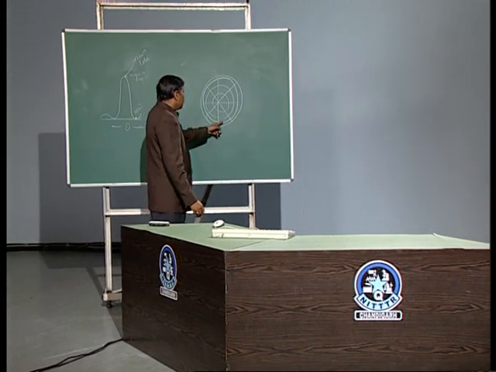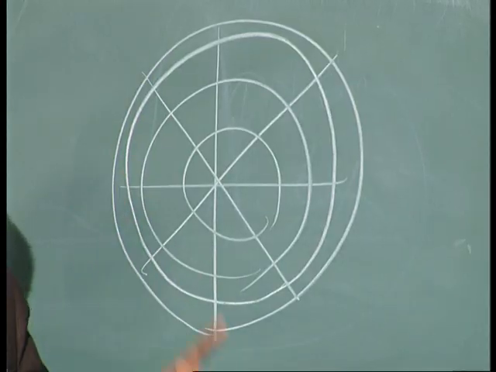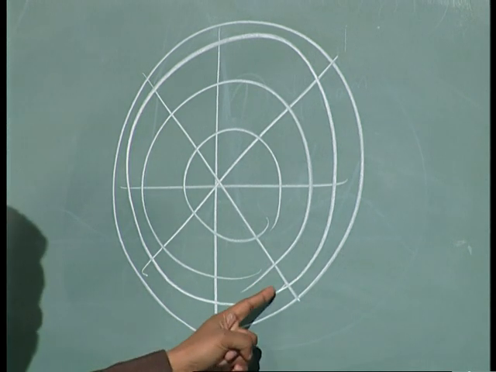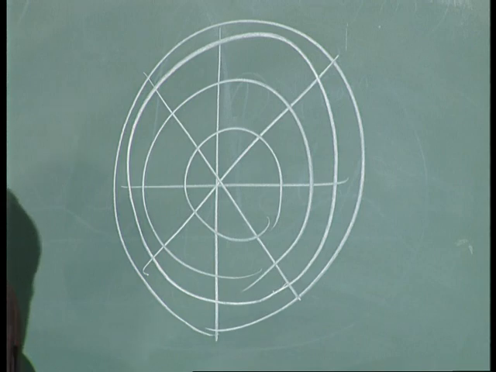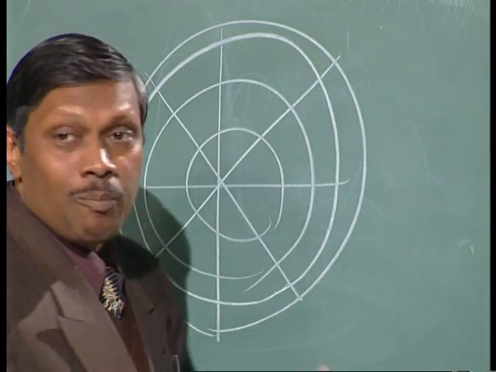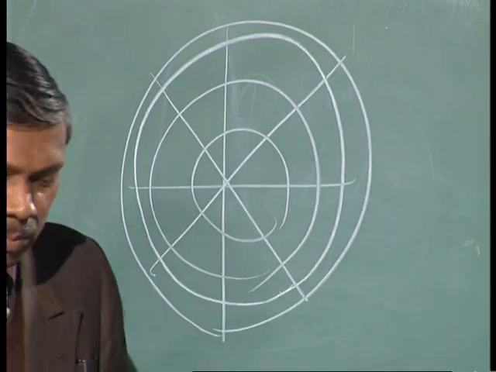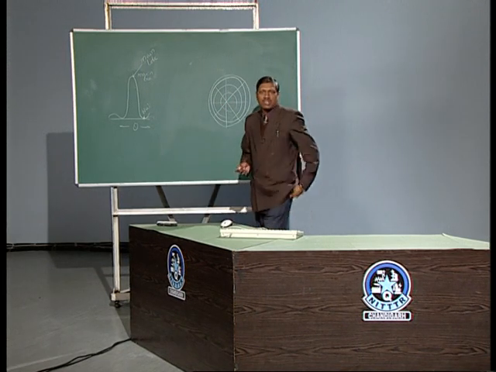So, this is a situation where there is no side lobe. This is a situation which is called an omnidirectional radiation pattern. In a particular plane, it is radiating uniformly in all directions.